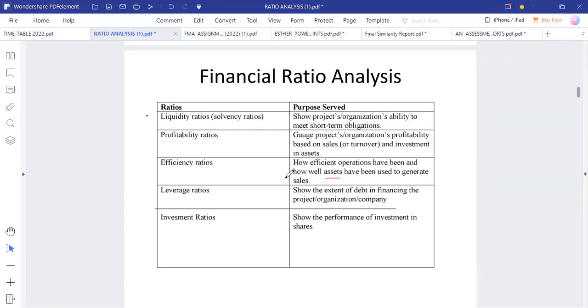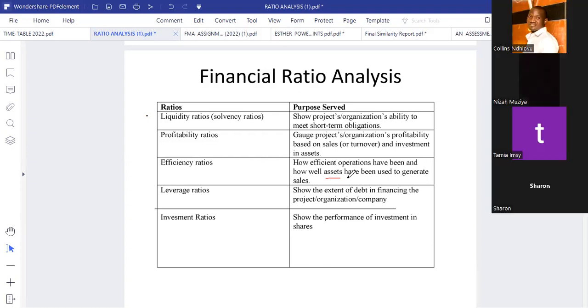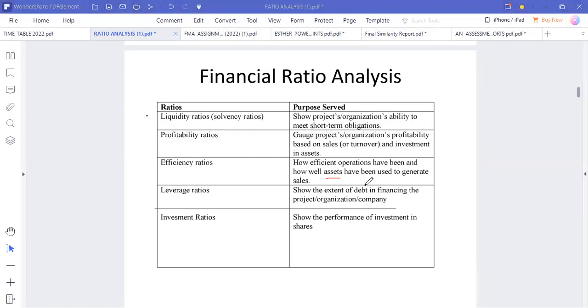Then the other ratio is called the efficiency ratio, which shows you how efficiently we are using our resources in the business. It will give you a picture of how efficiently the managers are utilizing the resources, the assets, the buildings, the land to generate sales.